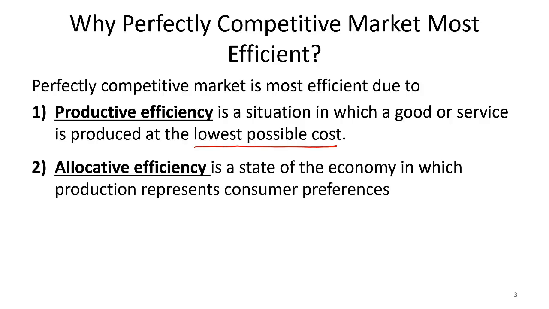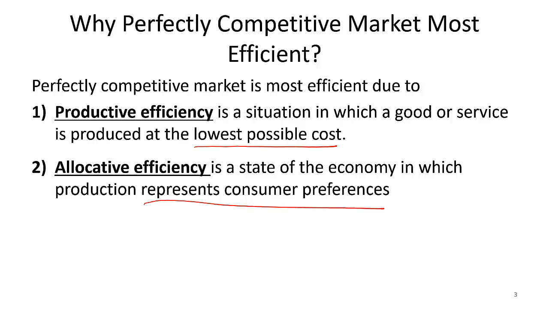Now, the second important issue is allocative efficiency. It means that in a perfectly competitive market, production represents the consumer preferences. If you're buying something, you are maximizing your own personal benefit as a consumer, and also the firms are trying to maximize your consumer preferences or consumer benefit.